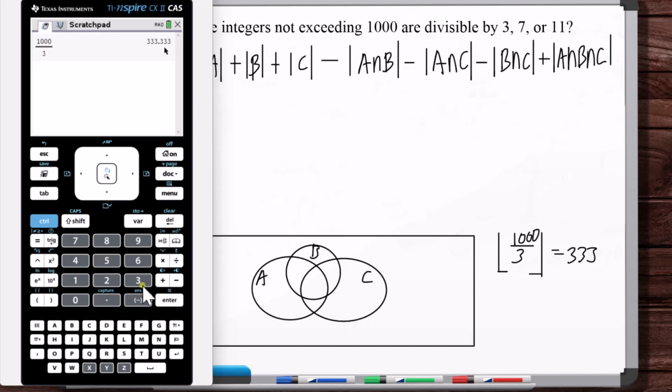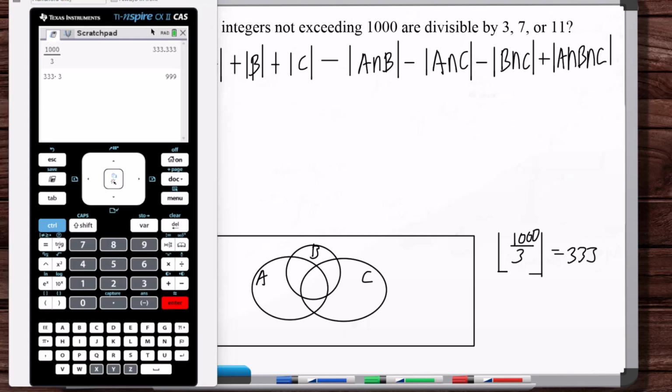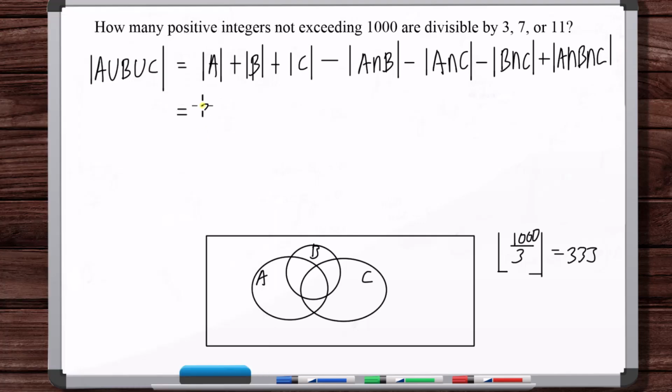If we do 333 times 3, we get 999. So that means we added 333 times, but we can't go the 334th time. So this is 333, and then the number of elements in B is 1,000 divided by 7, floor function, and 1,000 divided by 11, floor function, is the number of elements in C.